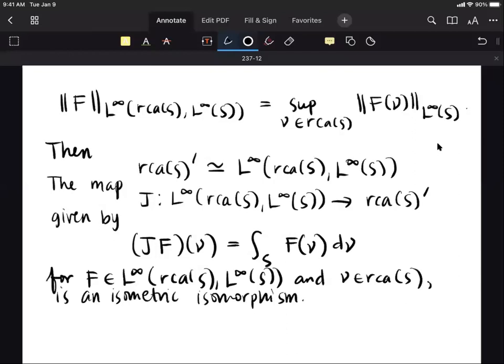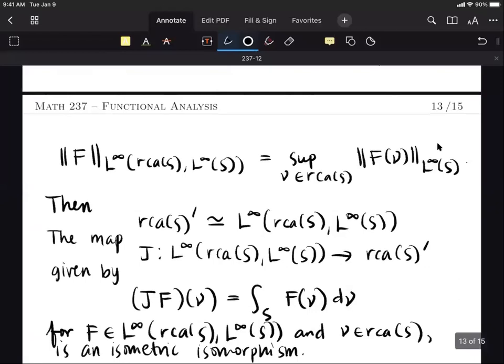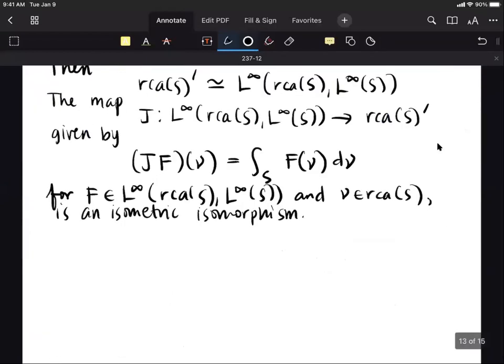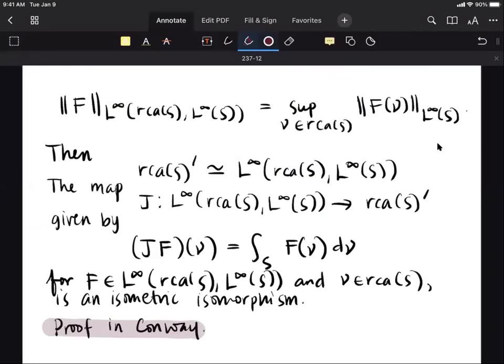So the dual gets complicated for the case of regular countably additive measures. And those who are interested in the proof, you may consult the book of Conway, for instance. So that's some dual spaces.